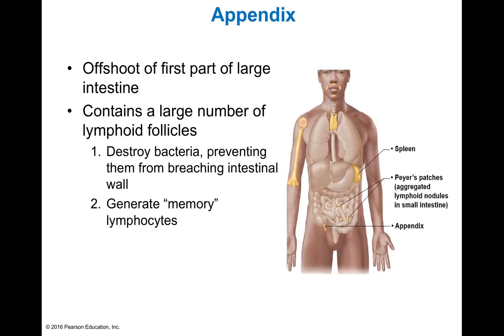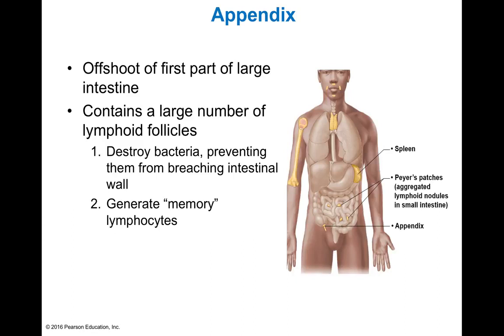They also play a major role in creating memory. What I mean by memory is this: a lot of times when you get exposed to a bacteria or virus for the first time, it takes a while for your body to respond. However, if you have a second exposure to the same virus or bacteria, your body responds much faster.